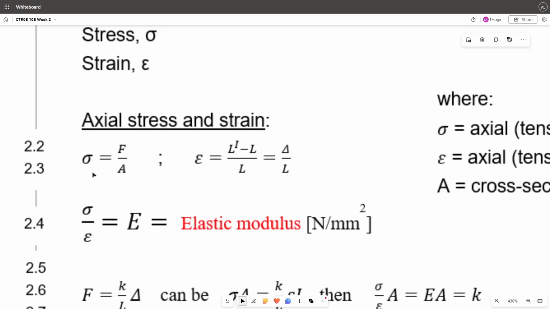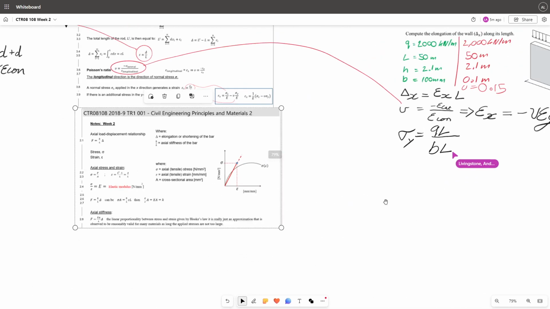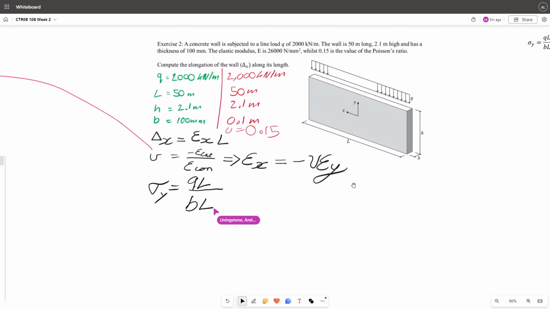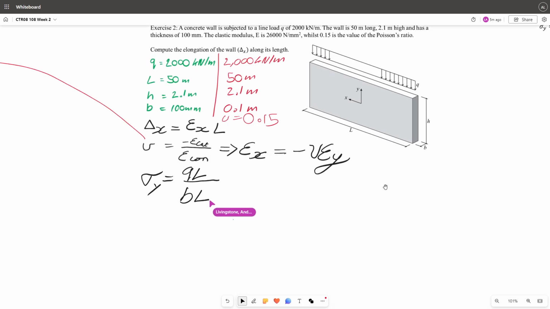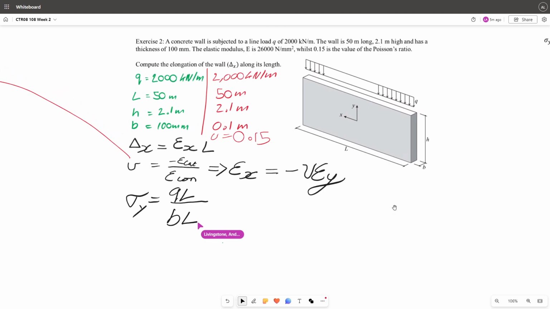Force is the linear load multiplied by the length of the load, gives you the actual F, and the breadth times the length gives you the area. So you've now got that. My handwriting is amazingly bad. And remember, we're still trying to find this.